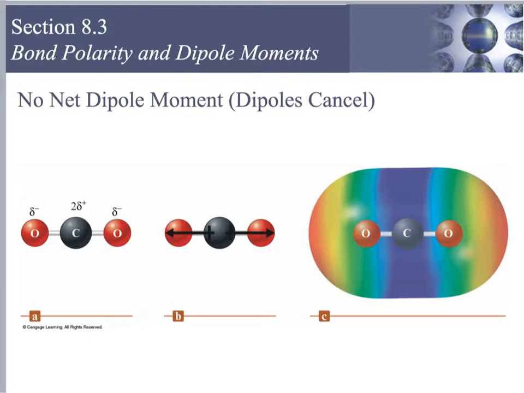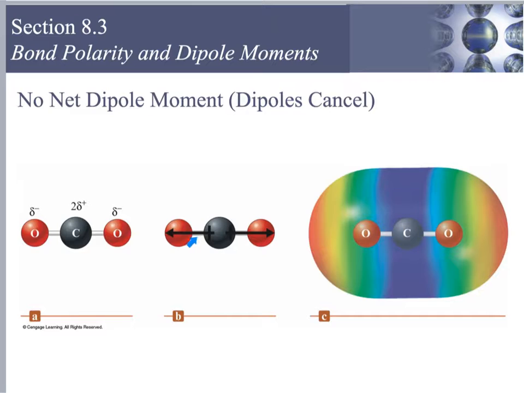If we look at a different molecule like carbon dioxide, what we see is that the bond itself is polar, but the dipole moments cancel each other out. For those of you who have talked about vectors in physics, this is the same sort of concept.